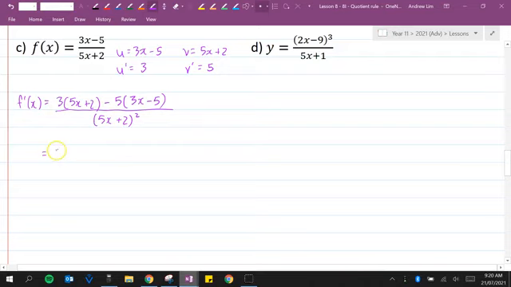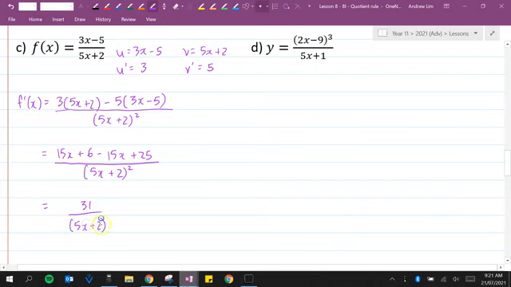So that gives me 15x plus 6 minus (15x minus 25), all over (5x plus 2) squared. And that simplifies to 31 over (5x plus 2) all squared.